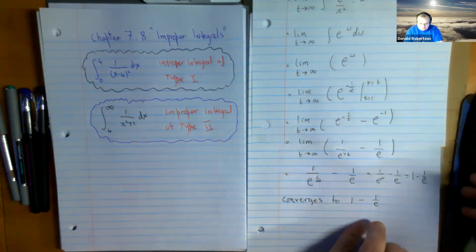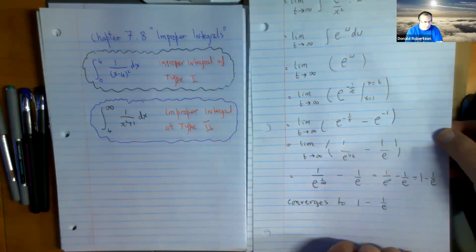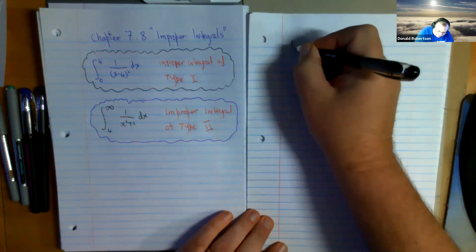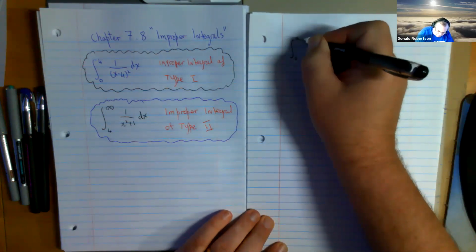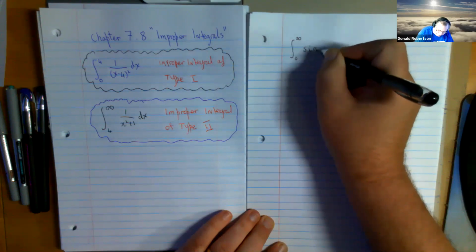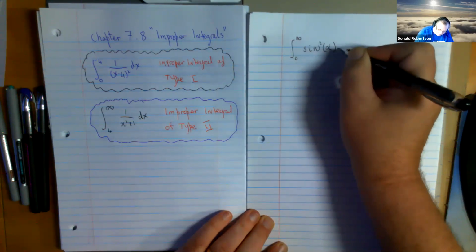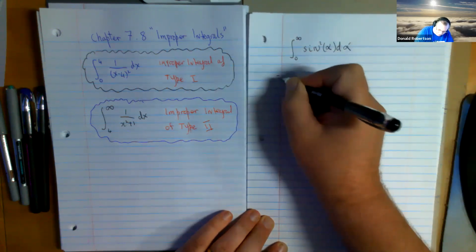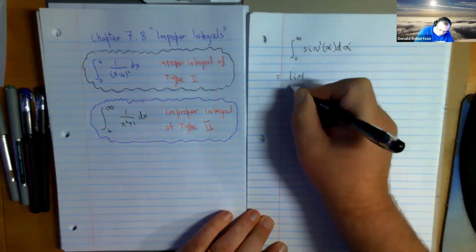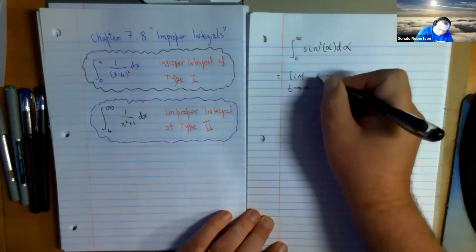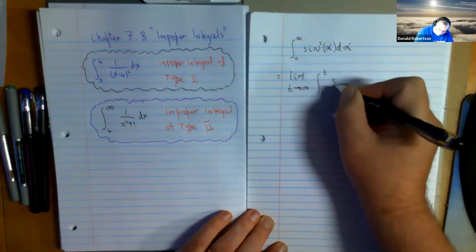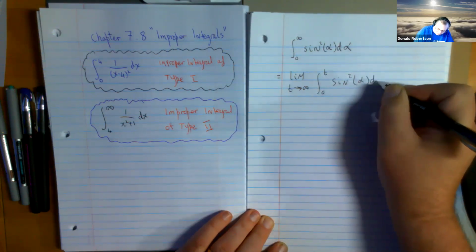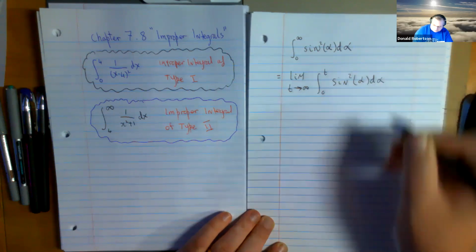If that's good, I can move on then. Okay. So I won't do very much with this one, but I will set it up. Well, we know this is going to be the limit as t tends to infinity of the integral from 0 to t of sine squared alpha d alpha.